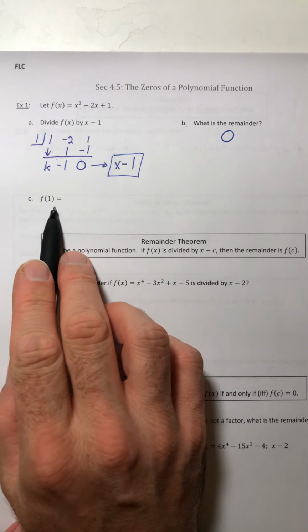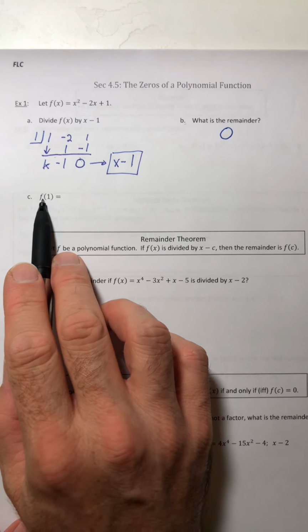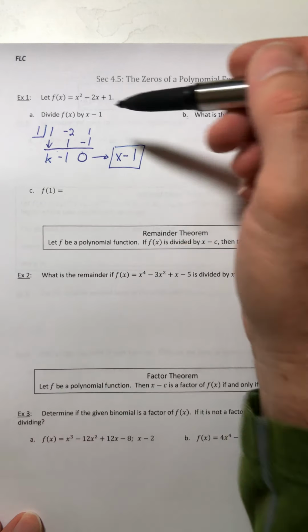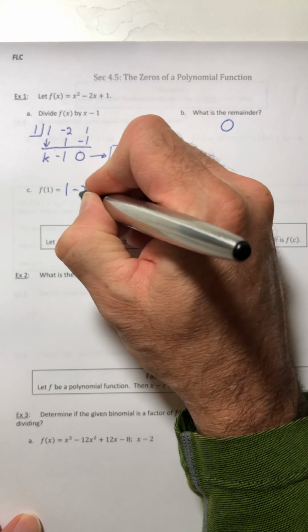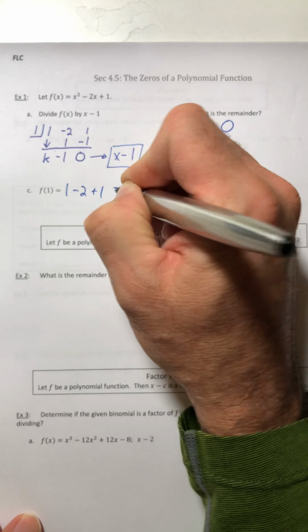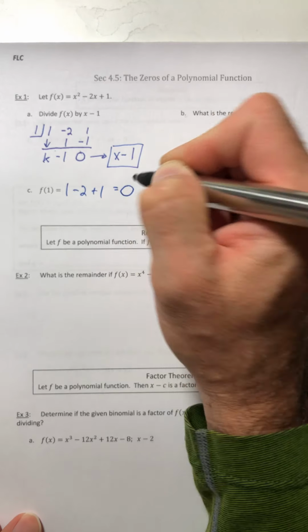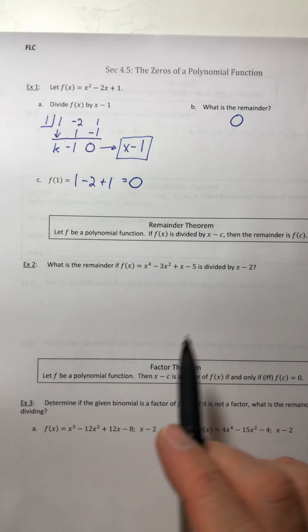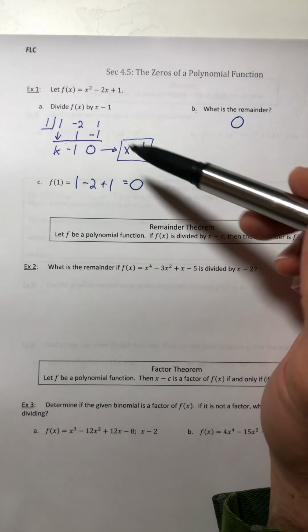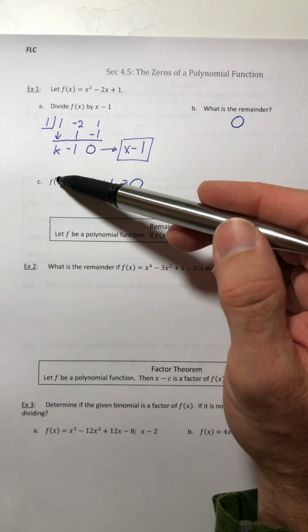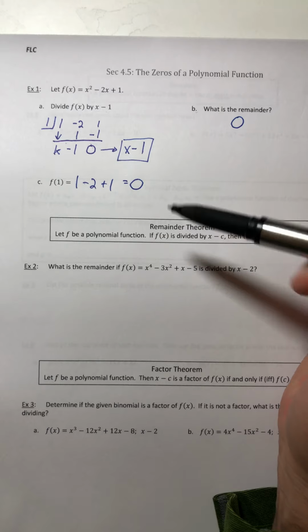Okay, C, looks like a totally different type of question. So f of 1, if I plugged 1 in there, 1 minus 2 plus 1, that's also 0. Well, that's interesting. I have a relationship between what I divided by and when I plugged in a number.